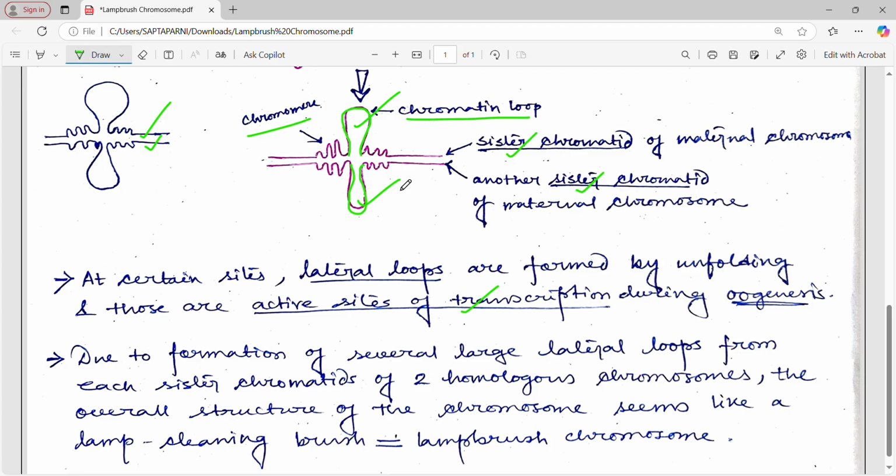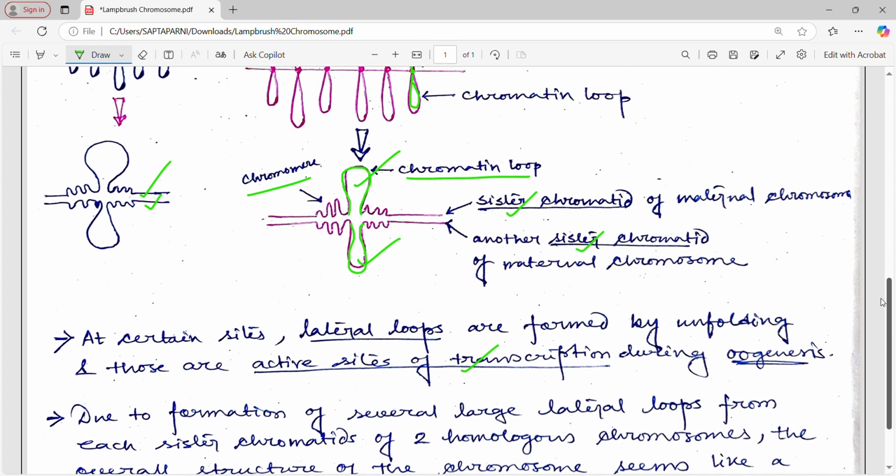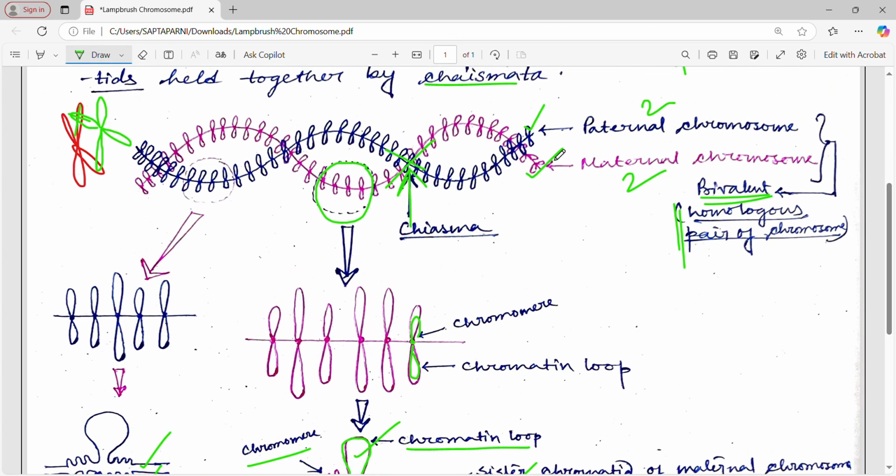Now you may ask why there are so many lateral loops in Lampbrush chromosome. In a normal meiotic chromosome we cannot see so many lateral loops, because Lampbrush chromosome is mainly found in the oocyte, where eggs are forming and oogenesis is occurring. After that these eggs will be fertilized by the sperm, and a zygote will form.